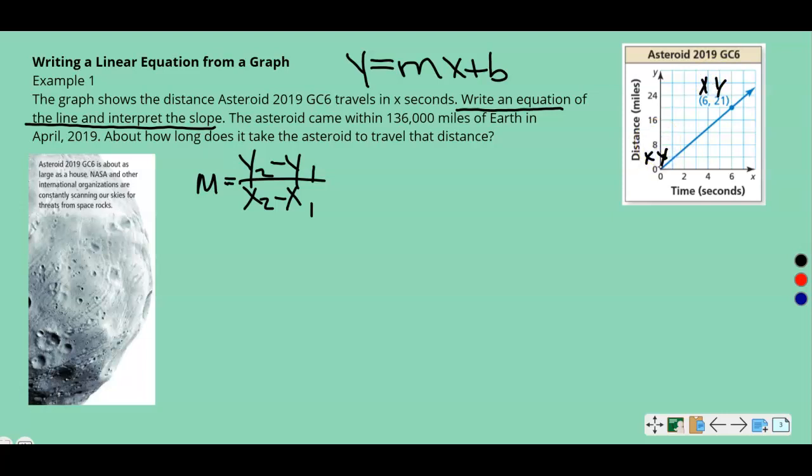So you've got (0, 0) as a point and (6, 21). So I'm going to do 21 minus 0 over 6 minus 0, and that's 21 over 6. 6 goes into 18 3 times and 3 left over. So that's 3 and a half, or 3.5.